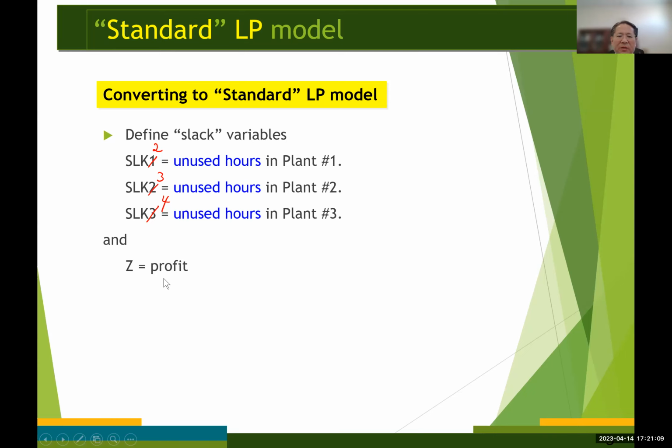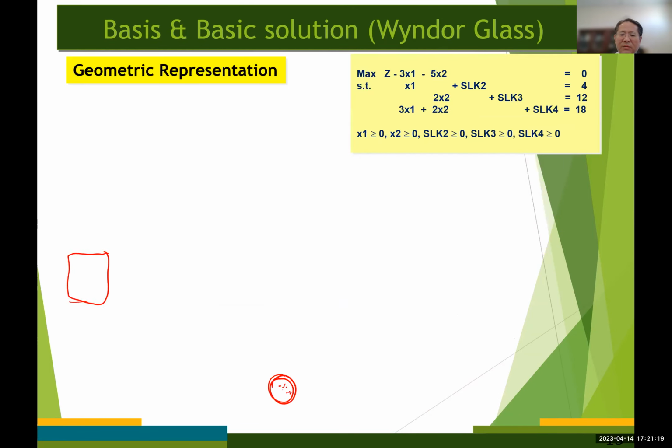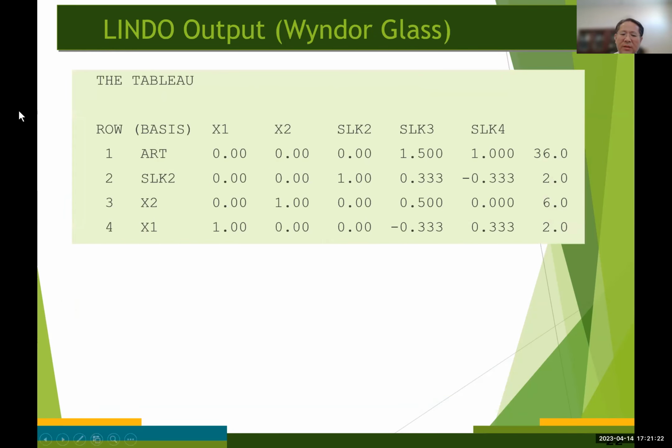So we artificially created this variable G. That's why the variable in the final table here, art, stands for the artificial variable G, okay? And here, it didn't show, but let me write it down. The rightmost column is the right-hand side value, okay? Keep in mind that.